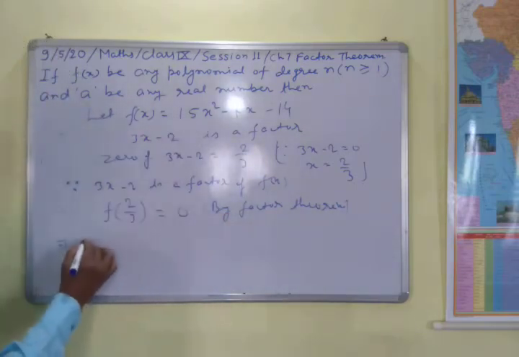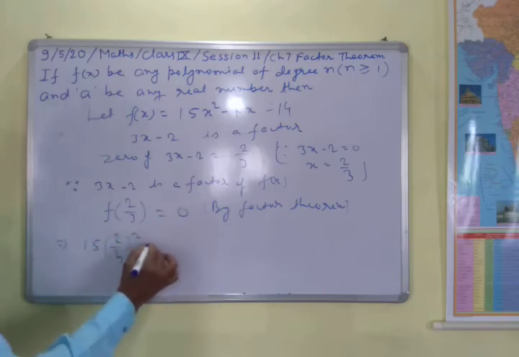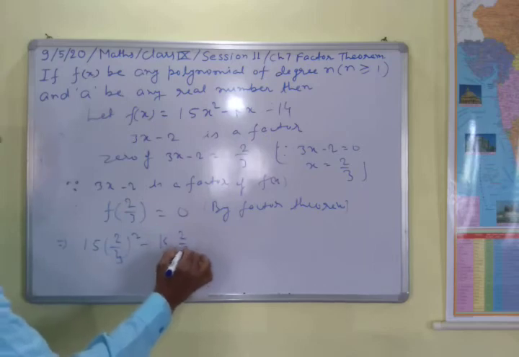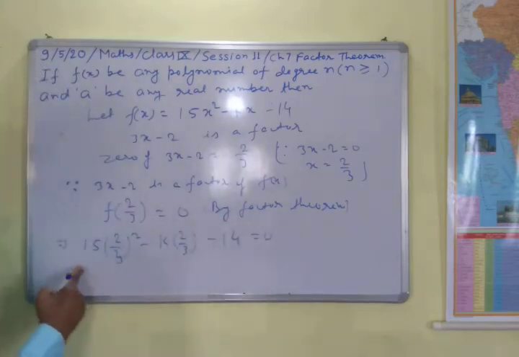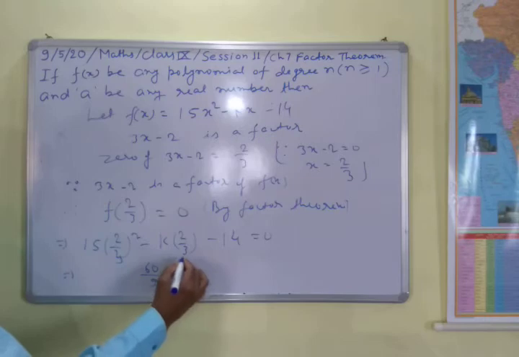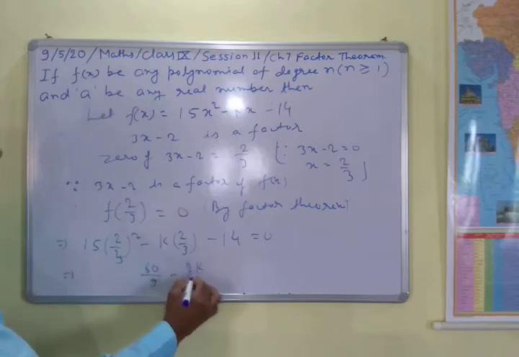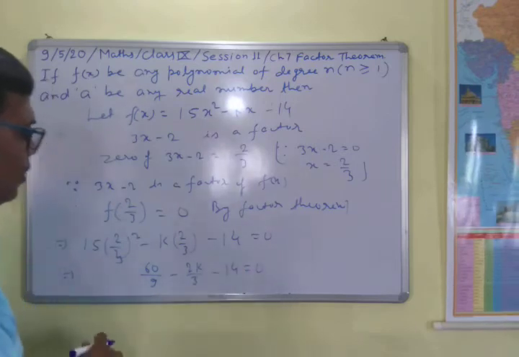This implies 15 into (2 by 3) square minus k into 2 by 3 minus 14 equal to 0. So it will be 15 into 4, 60 by 9, minus 2k by 3 minus 14 equal to 0.